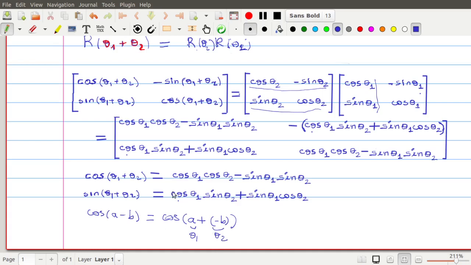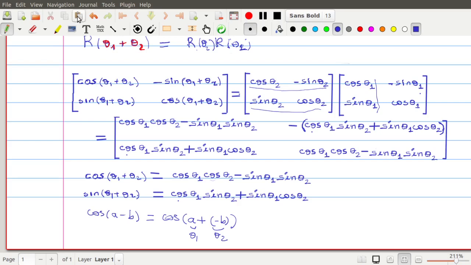So we just go into this formula and replace theta 2 with negative B. Since cosine is an even function, we will absorb the negative sign. But sine is an odd function, so the negative sign will be returned here, so negative will become positive. So it is easy to do it that way.